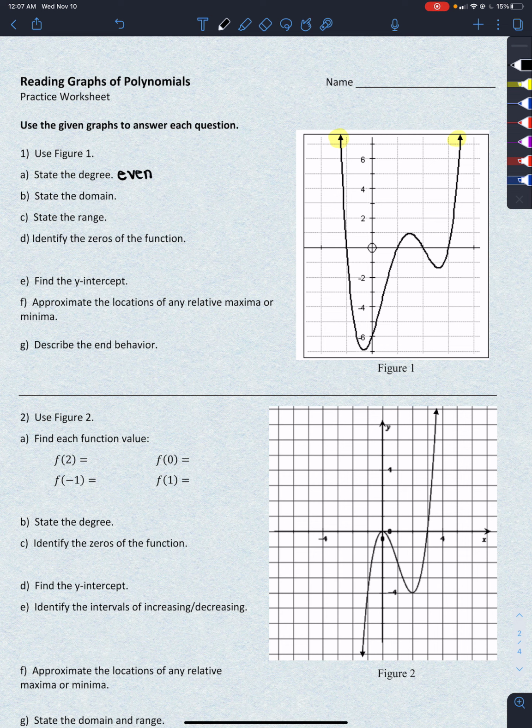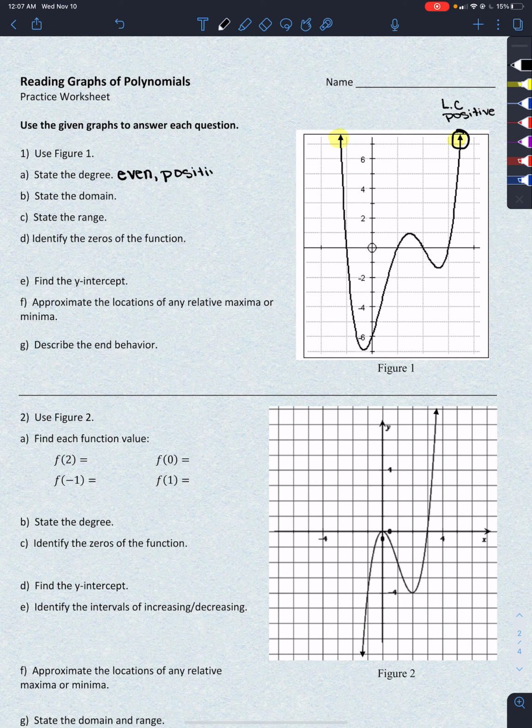And since the right side is pointing up, that means that the A value or the leading coefficient is going to be positive. So the degree is even, and we know that it's positive.